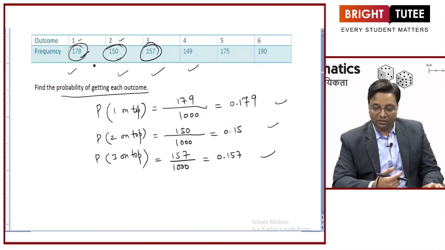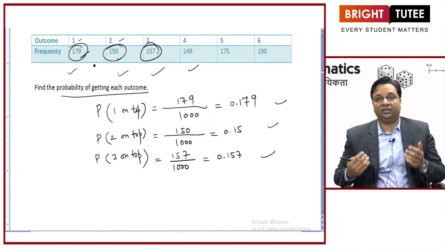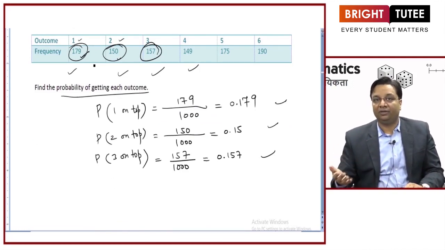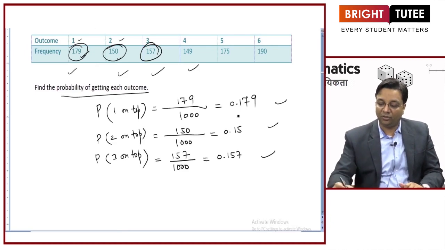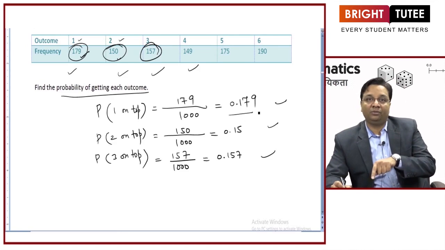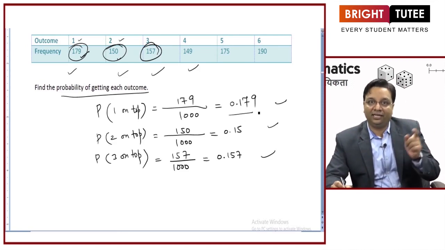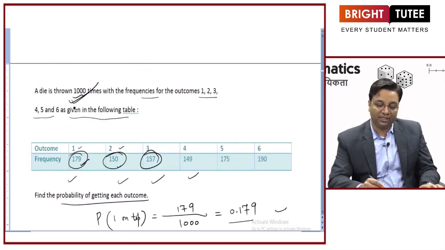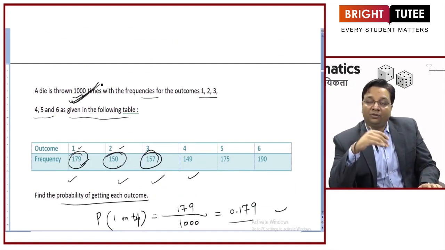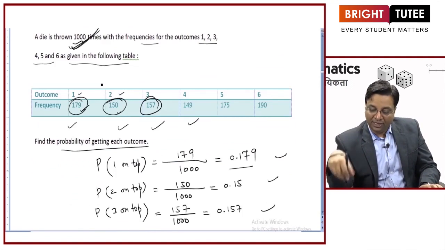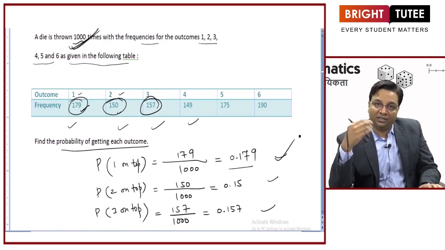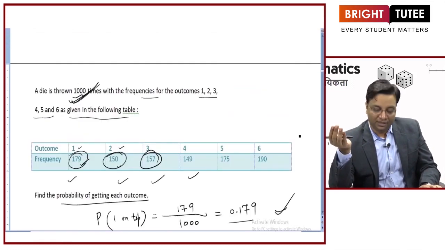If somebody asks you in general what is the probability that 1 will come on top if I throw a die, you will not say it is 0.179. This is the experimental probability when this experiment was actually performed 1000 times. And let me remind you, if you perform it 10,000 times, this might change. When you perform it 1 lakh times, this will further change, right?